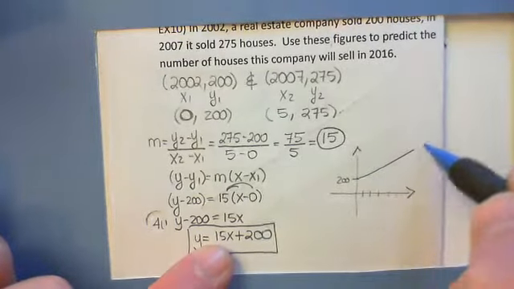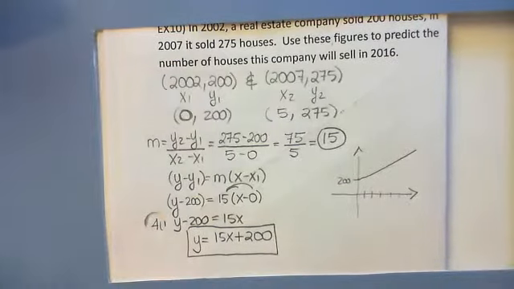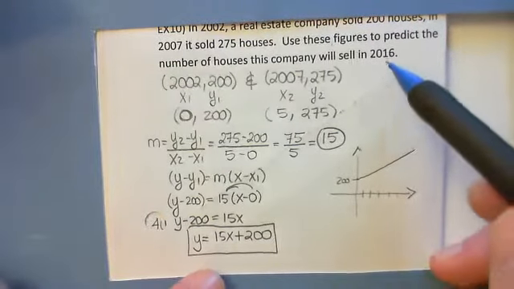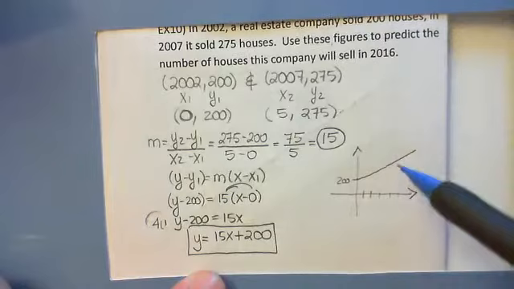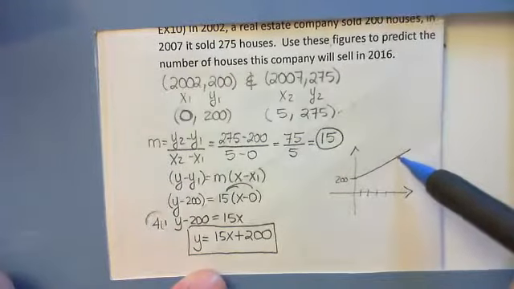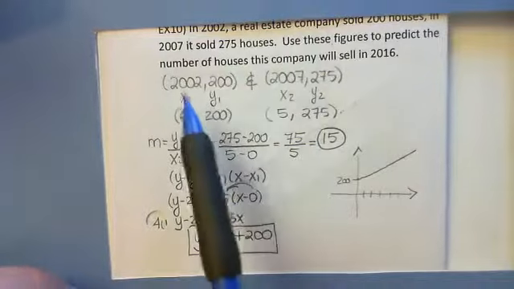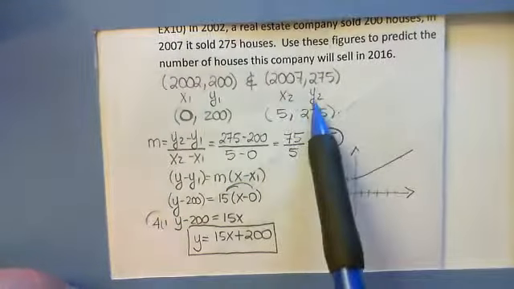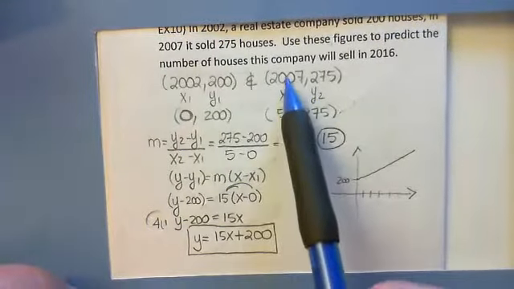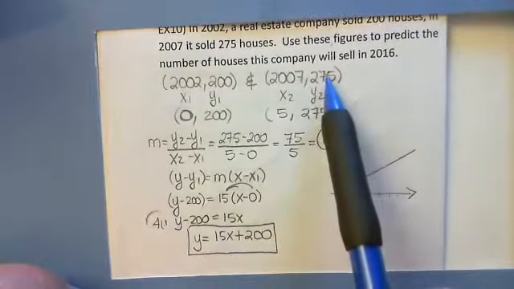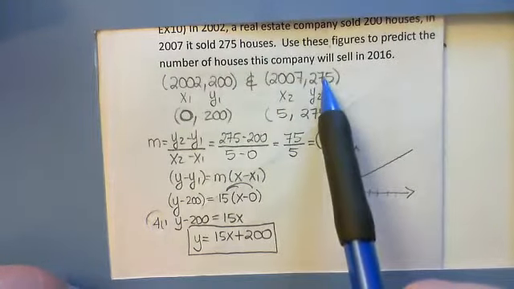I'm selling 15 more. And the question is, at the year 2016, how many houses would I have sold? If you notice here, this is x, this is y. X is representing the year, y is representing the number of houses.